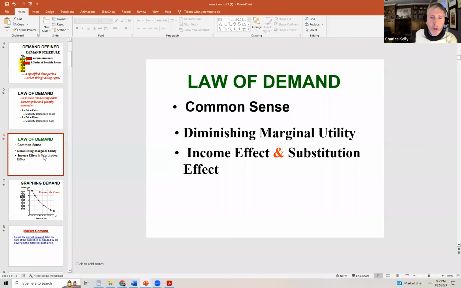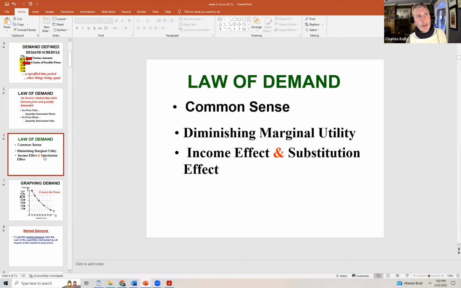The first one's called the law of diminishing marginal utility, which is this. As you consume more of a good or service, it provides less and less happiness. Just think about when you get pizza on Friday night. The first piece is super overwhelming great. Second piece, still pretty good. But by piece number 3, you're like, man, I'm starting to get stuffed, right?